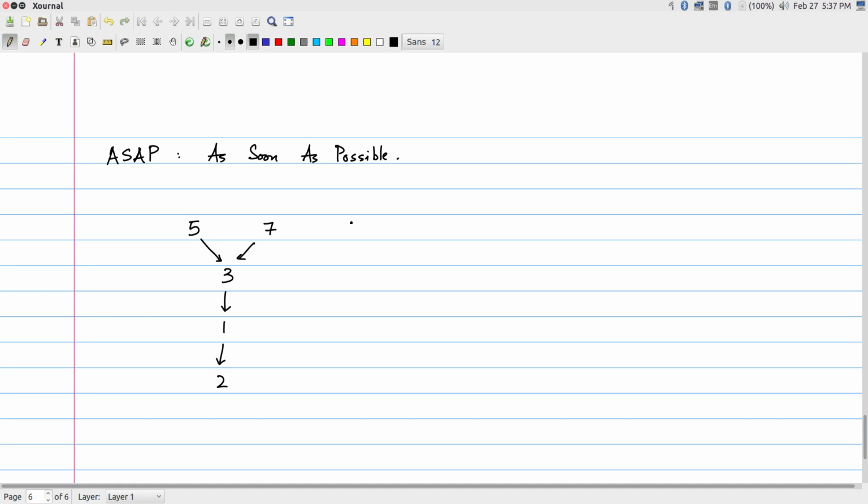Okay, and I have 6 and 8 feeding into 4, which in turn feeds into 2. Okay, this is just the directed acyclic graph. It does not necessarily talk about how much time each operation takes to execute.